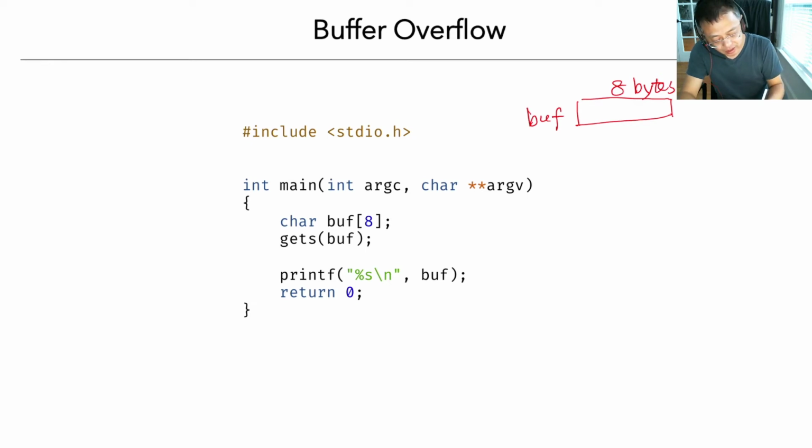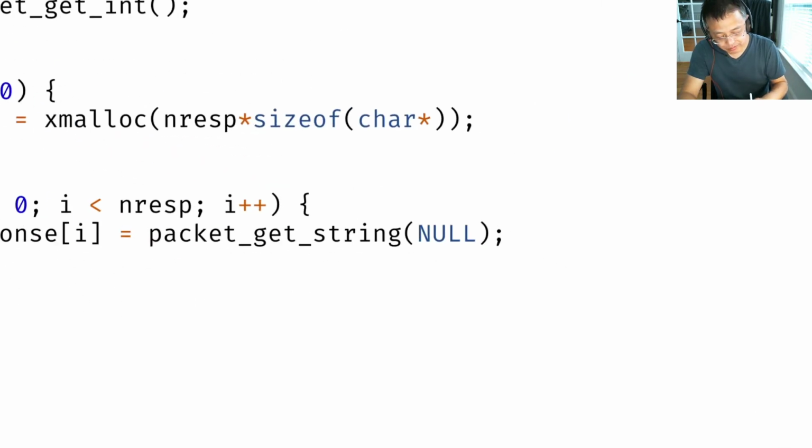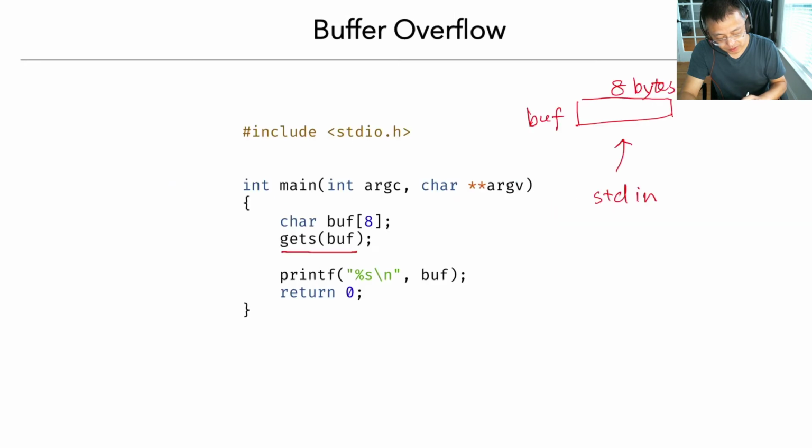Now when you use gets, it receives from standard input. The gets function has no idea how many bytes the buffer has, so it's just going to put whatever it receives into the buffer.